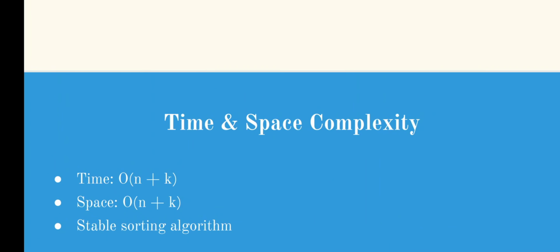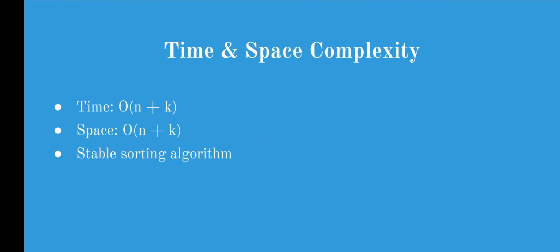And now let's talk about the time and space complexity. As I have discussed earlier, comparison sorts have a time complexity of n log n, and in this, the space complexity is O(n + k) and the time complexity is also the same.